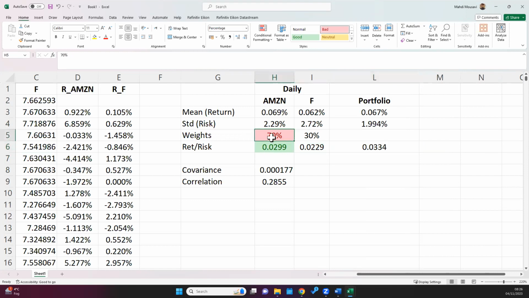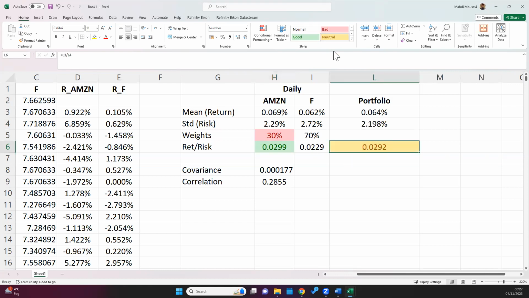Let me change this one to 50% or 60% or 30%. As you see, when we change the weights, the portfolio risk and return is changing and the Sharpe ratio is changing as well.